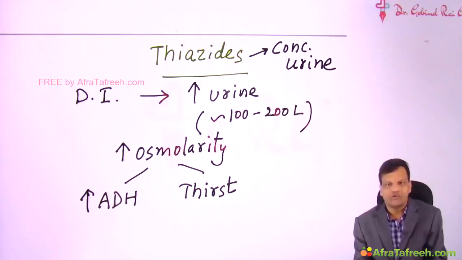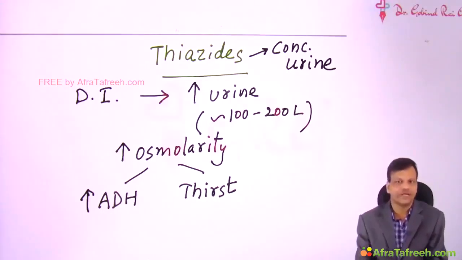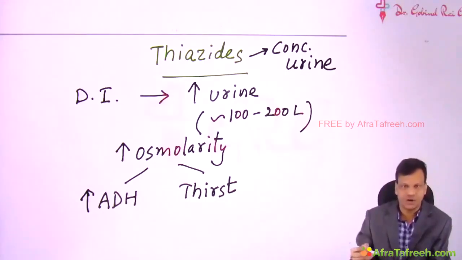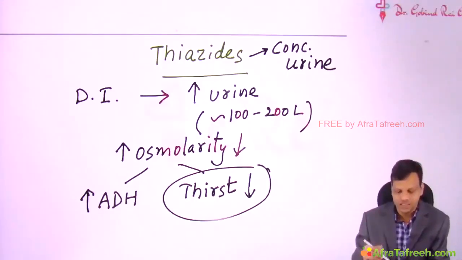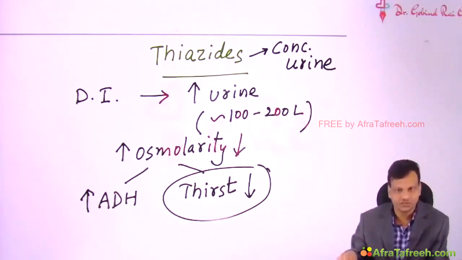That means the amount of urine which goes out, 3 to 4 liters, slightly more urine goes out, but that is concentrated. So when concentrated urine is passed out, the plasma osmolarity will decrease. When plasma osmolarity decreases, there will be a decrease in thirst. When thirst decreases, the person drinks less water. And when the person drinks less water, there will be less urine formation.